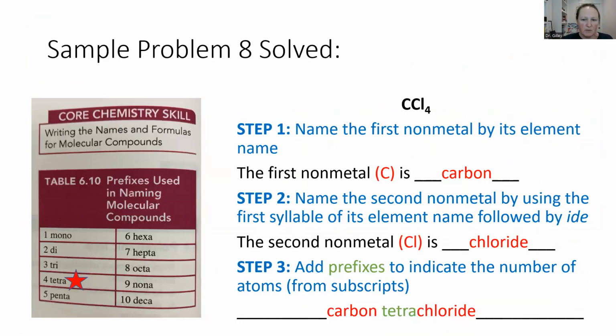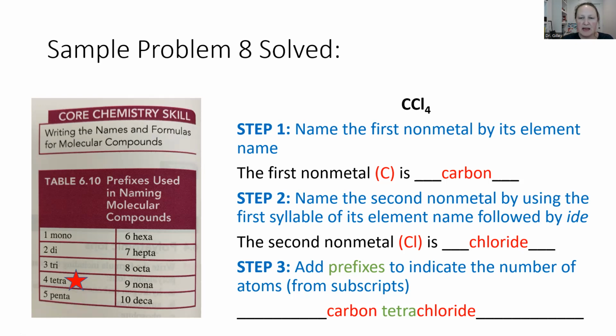Okay, so again, the first nonmetal, which is indicated by just this C here, is carbon. The second nonmetal, Cl, is chlorine, but we call it chloride in the name because, again, we add the suffix "ide" after the first syllable in the element name chlorine, which is just chlor.